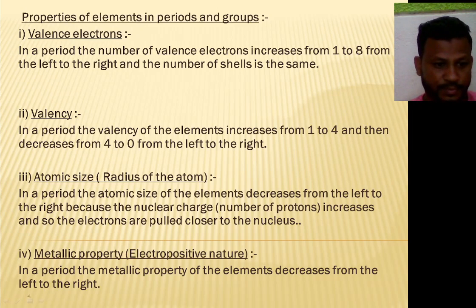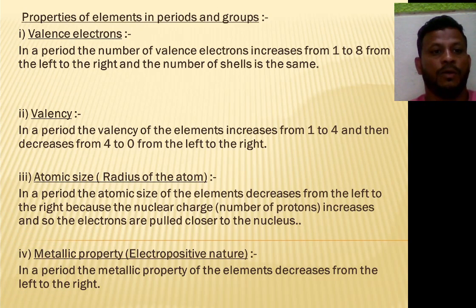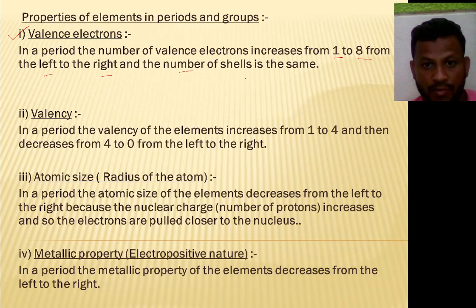First one, valence electrons. In a period, the number of valence electrons increases from 1 to 8 from left to right, and the number of shells is the same.